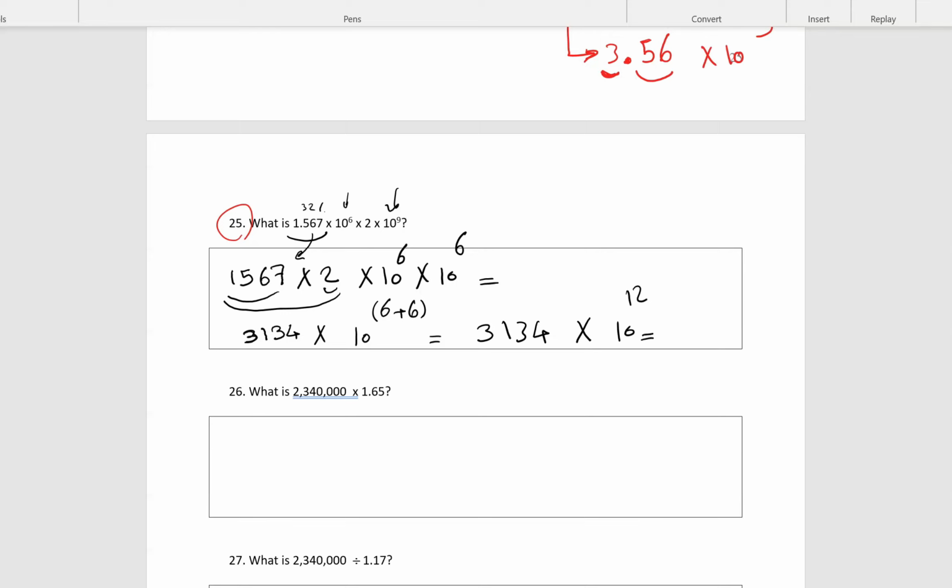If you want to write it as a scientific one, you need to write it like this, and then 10 to the power of 3, and then 10 to the power of 12. So the answer is 3.134 times 10, add 12 and 3 is 15, 10 to the power of 15. So the answer is this.